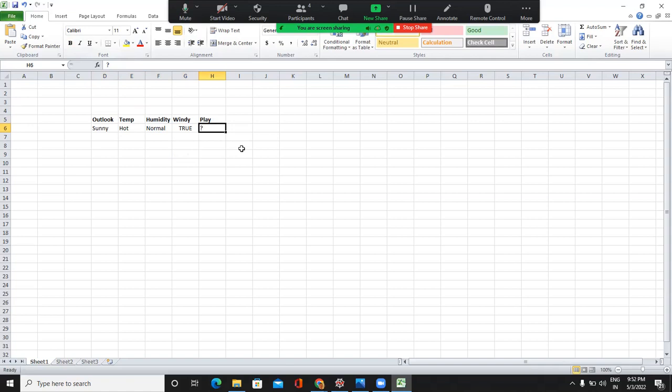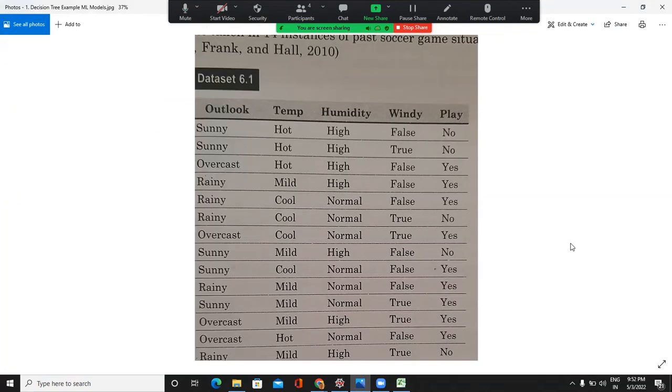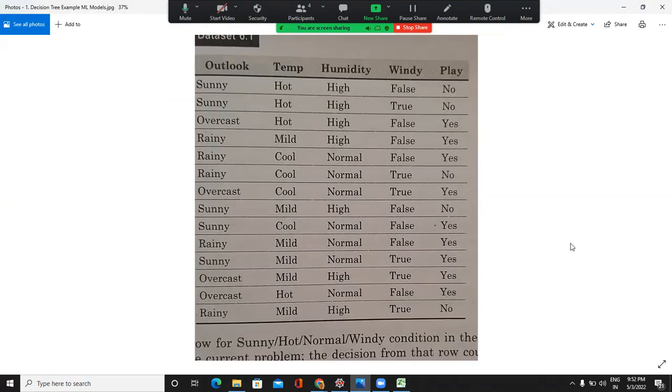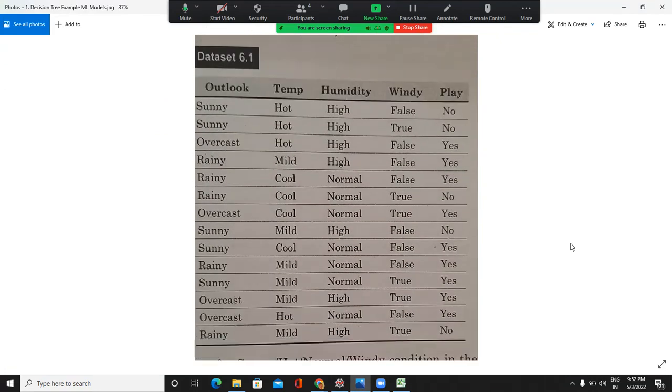Again, this is basically a classification, play or not play, depending on the past data we have. So we are trying to classify the situations into play or not play. If you see, this particular combination is not there in this entire previous data set.